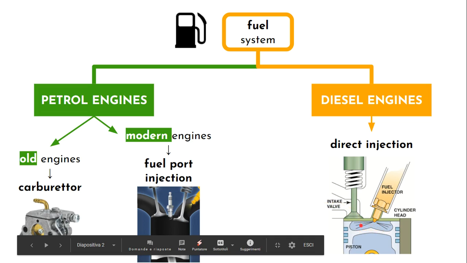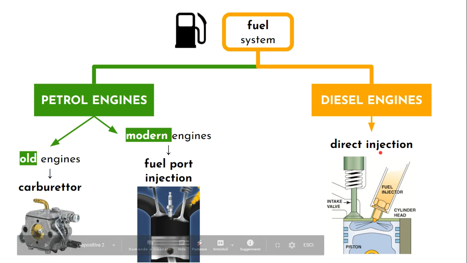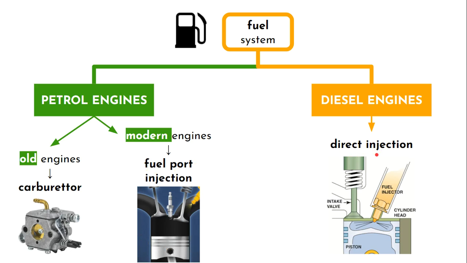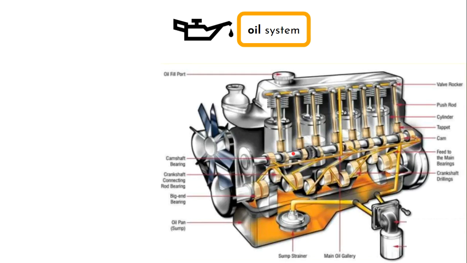So here you have hot air getting inside, and then you have the fuel injector injecting atomized diesel, okay? So this is the difference between petrol engines and diesel engines. Now, today's petrol engines also use direct injection, okay? So you can find direct injection also in petrol engines.